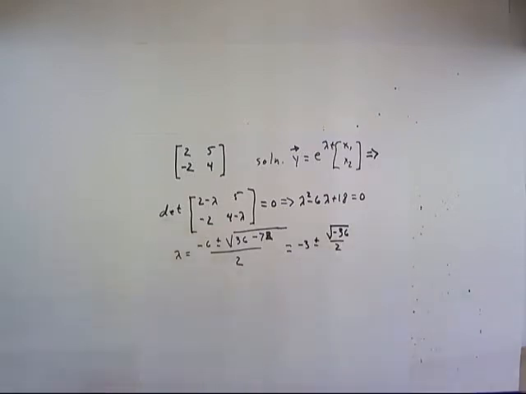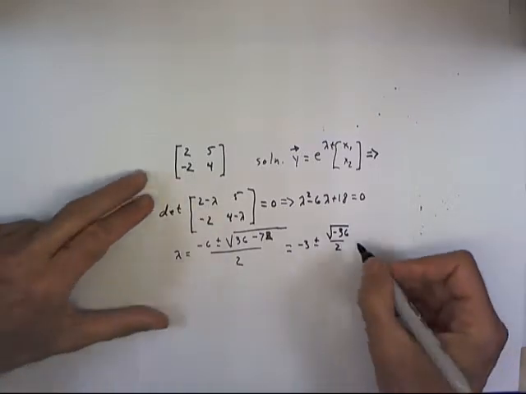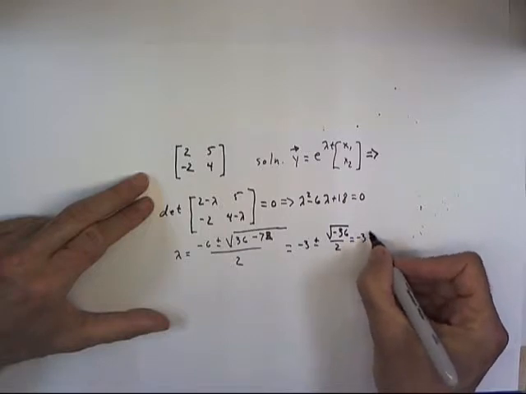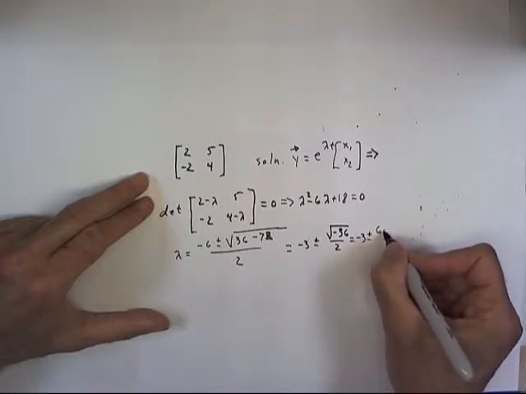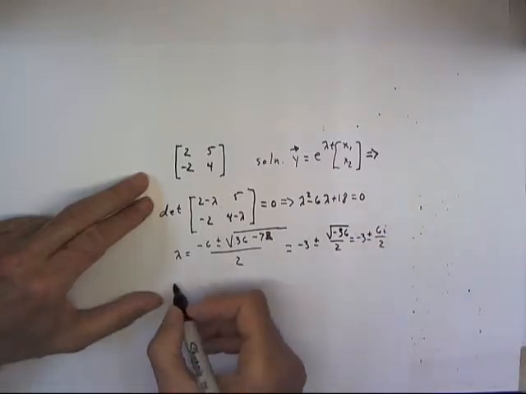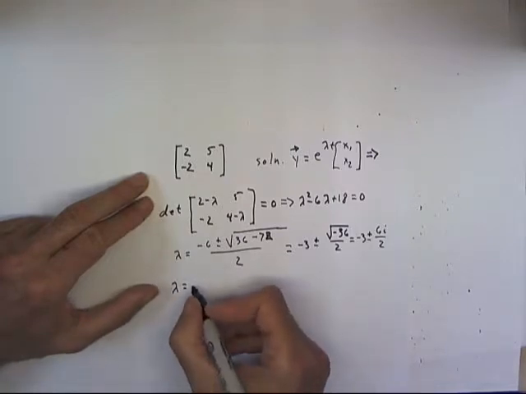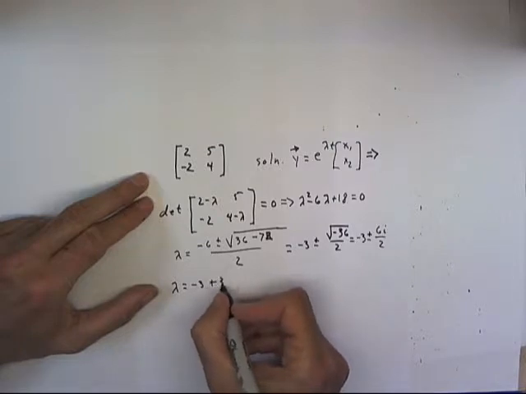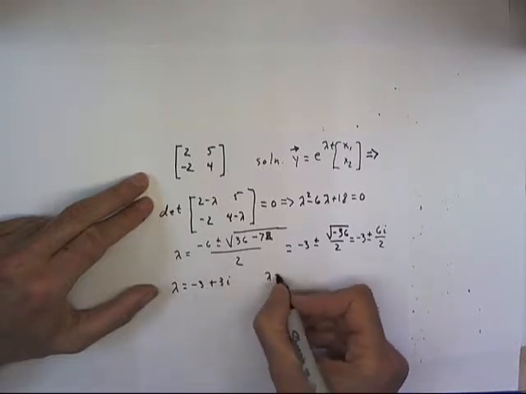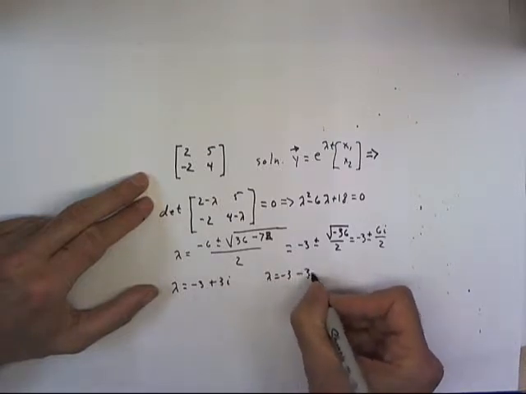The square root of negative 36 is 6i. So we have negative 3 plus or minus 6i divided by 2, finally giving us the two eigenvalues. Lambda equals negative 3 plus 3i, and lambda equals negative 3 minus 3i.